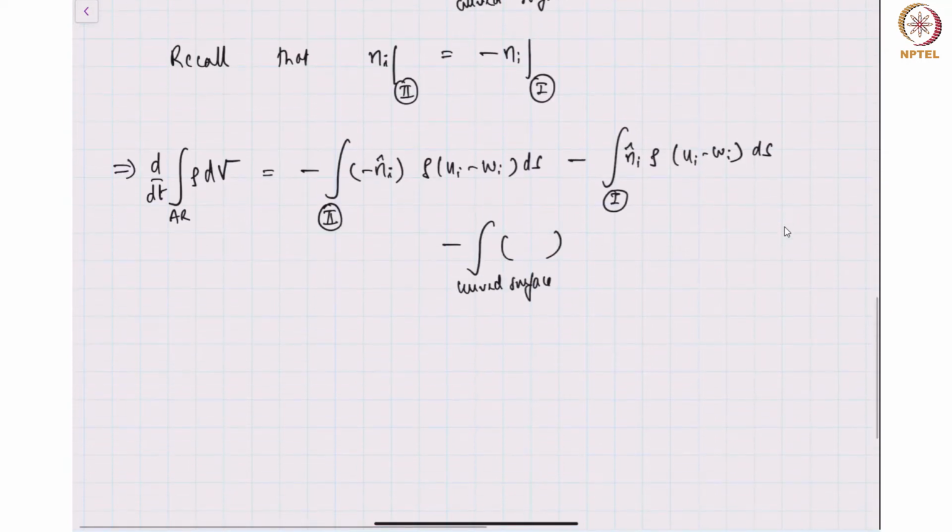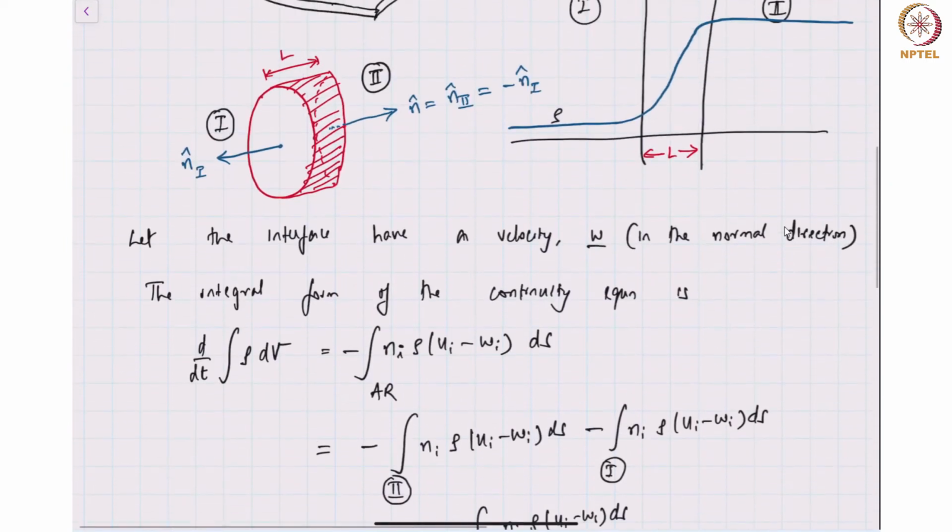Now we can take this tiny disk and shrink its volume to zero thickness. In other words, this thickness L that I'm highlighting goes to zero.